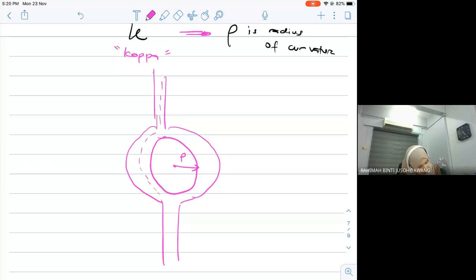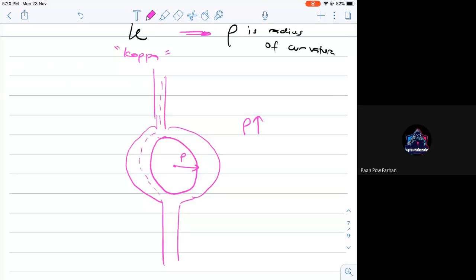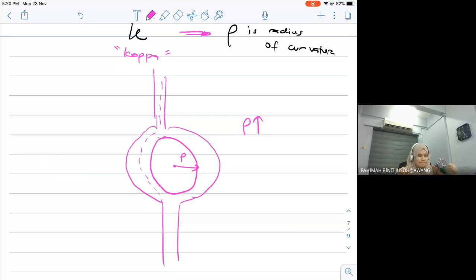If the radius is high, a big roundabout, imagine you hold the steering, or the bicycle handle. You pass a very big roundabout. The radius is very high.